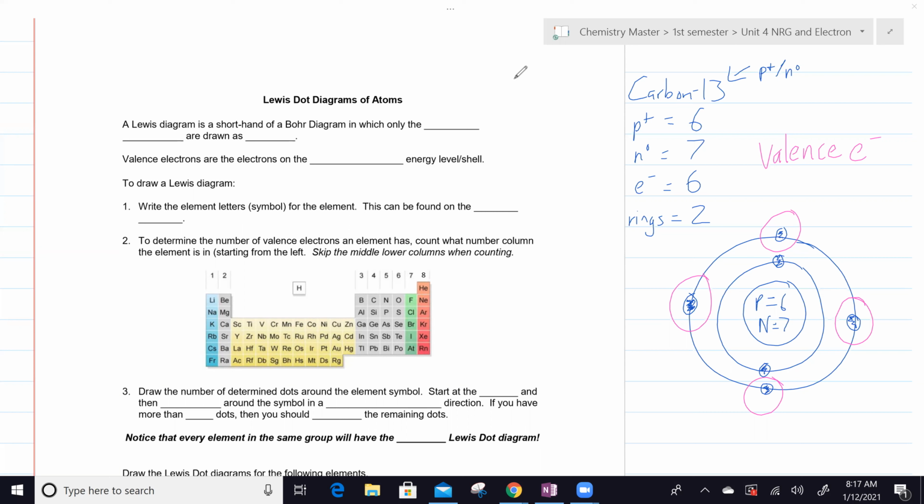So a Lewis diagram is a shorthand of a Bohr diagram. Remember, Bohr diagrams is what we just did. This is an even shorter version of a Bohr diagram in which only the valence electrons are drawn as dots.